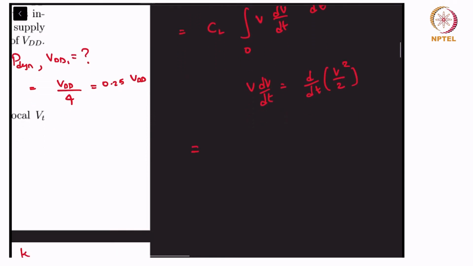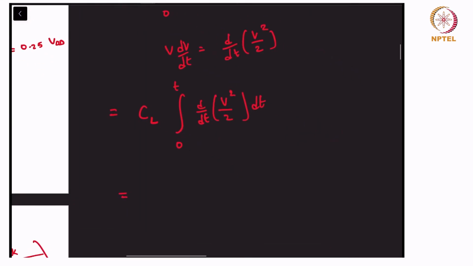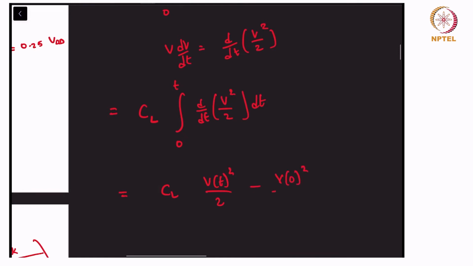So this is equal to CL integral 0 to t of d by dt of V square by 2 dt. And this is equal to, of course, CL times V of t the whole square by 2 minus V of 0 the whole square by 2.